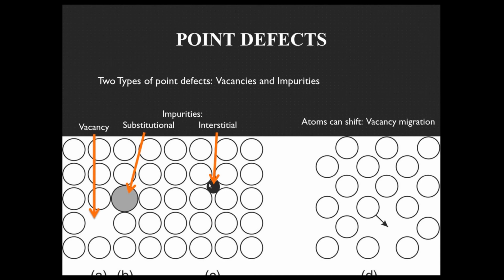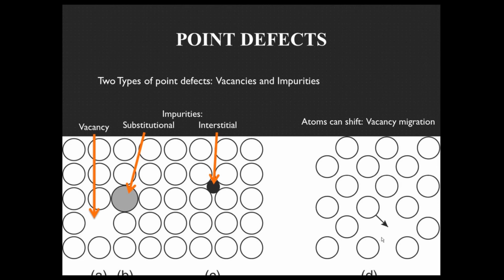It's like this little black atom that's been captured or trapped inside the crystal matrix. So it's not taking the place of any of these little white circles. It's just trapped. It's stuck there. So those are the three types of point defects: a vacancy, a substitutional impurity, and an interstitial impurity.